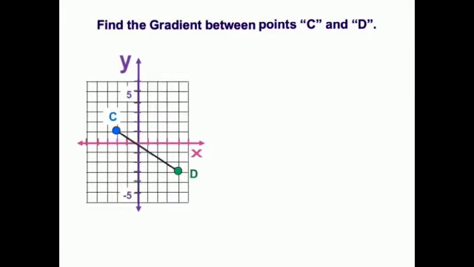Okay, so we have here points C and D. You can see the graph. Look at this graph, it is coming downward, so our slope will be a negative value.